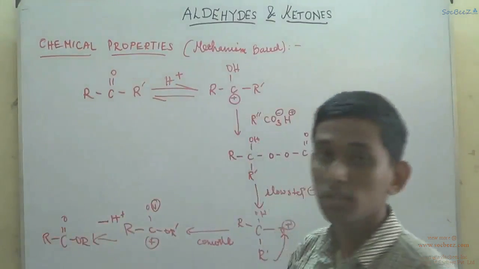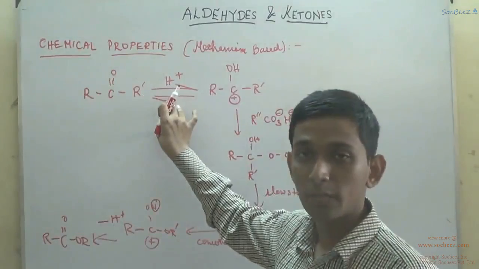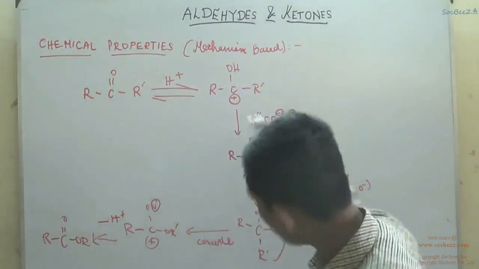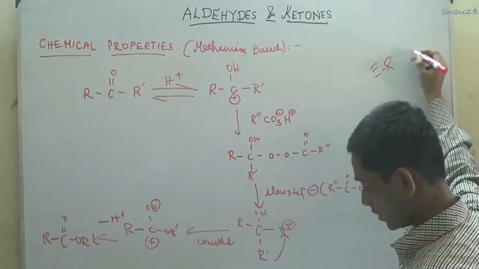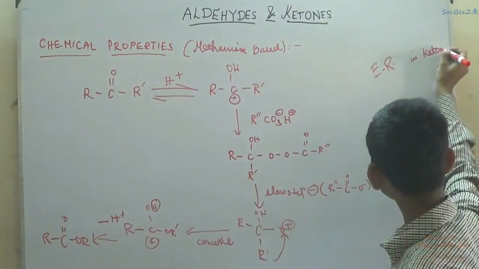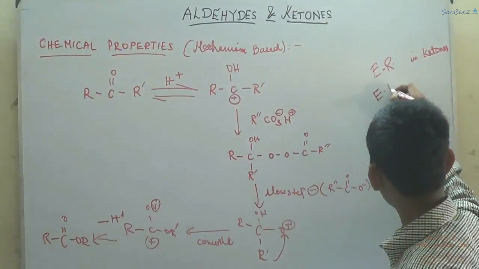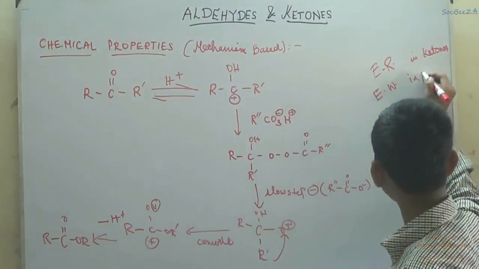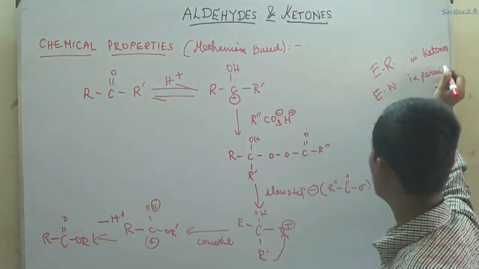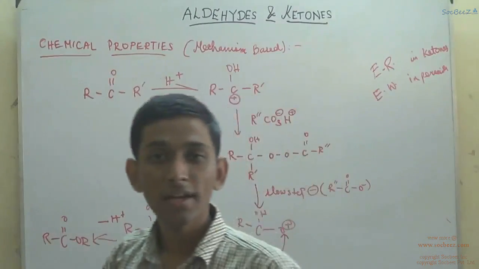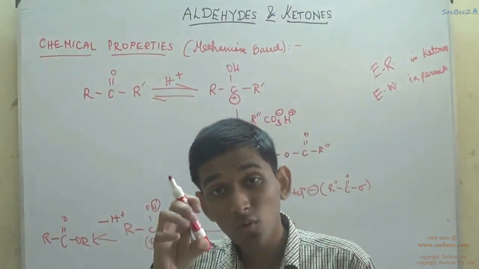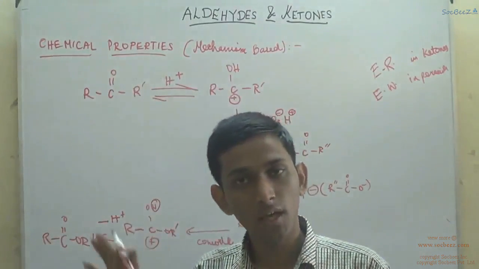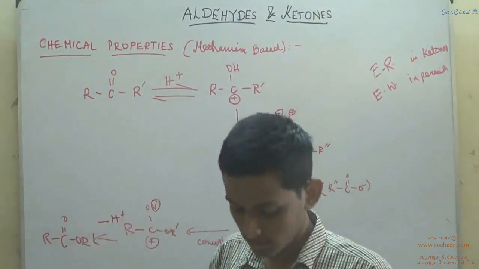Now some points. The first step is catalyzed by acid. Electron releasing groups in ketones and electron withdrawing groups in peracids accelerate the reaction.